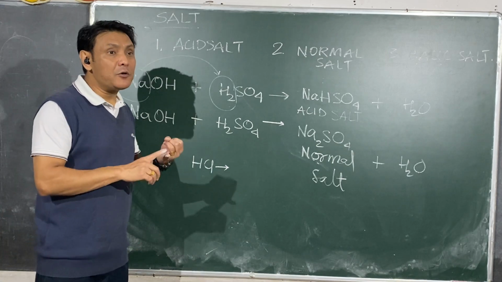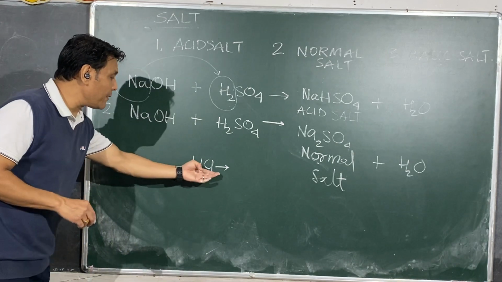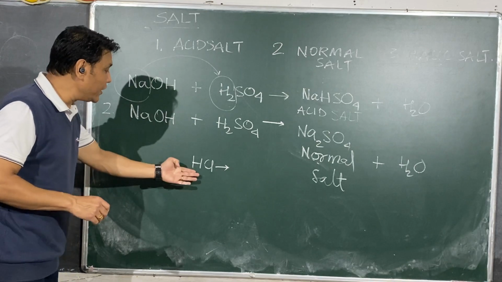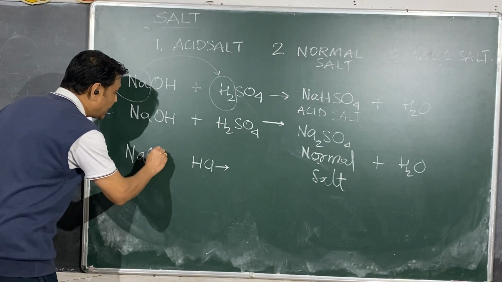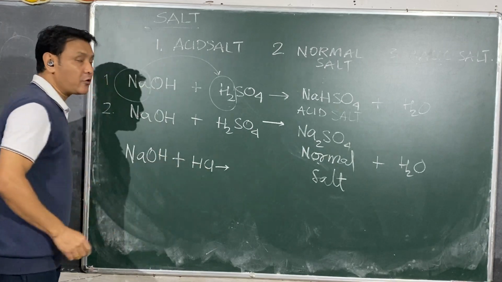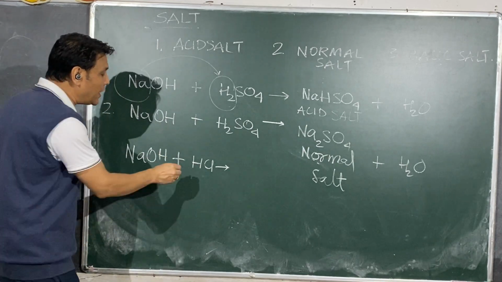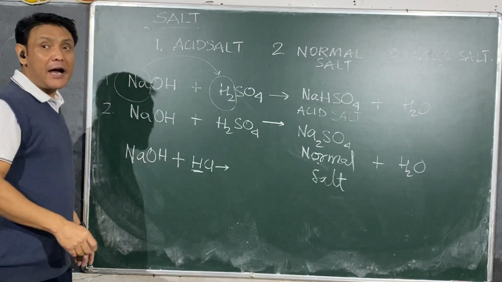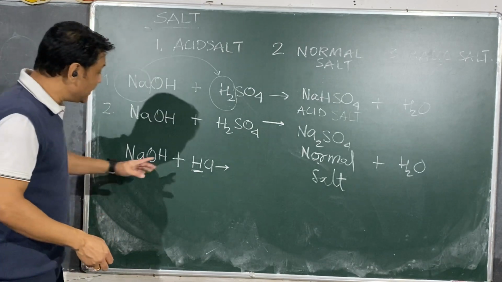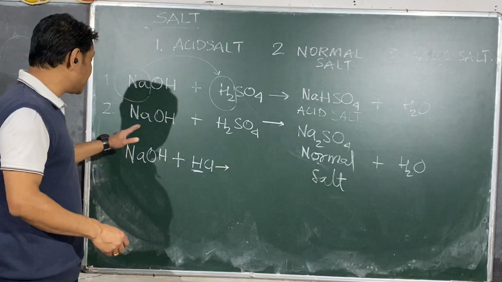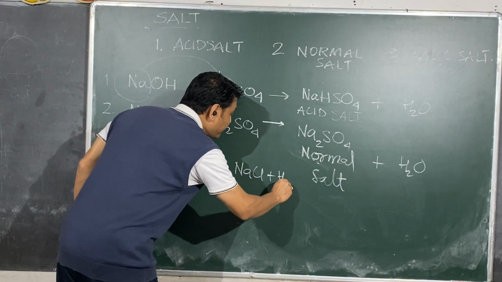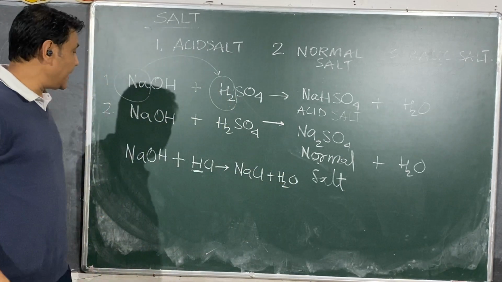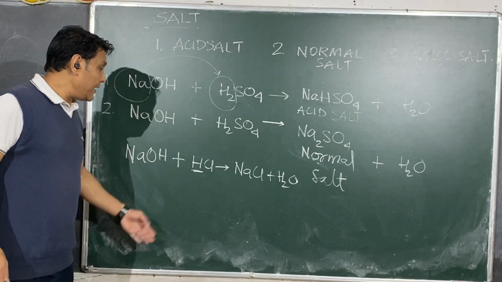So, monobasic acid, here we are talking about hydrochloric acid. It has only one replaceable hydrogen ion. So, if sodium hydroxide comes and reacts with hydrochloric acid, since there is only one replaceable hydrogen ion, this will be completely replaced by sodium. So you get NaCl and H2O.